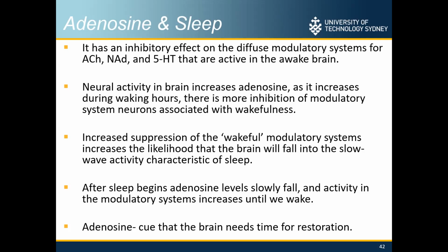It has been shown that the neural activity associated with the release of adenosine actually inhibits the activity of the reticular activating system. So when you have a decreased activity in these neurotransmitters, this is attributed to increased levels of adenosine in the brain, okay?